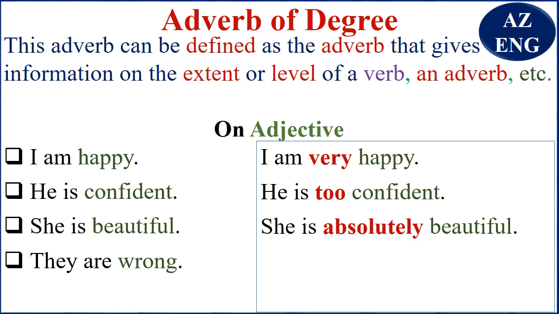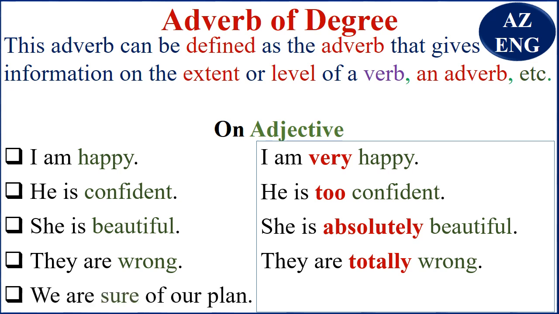Wrong is an adjective, so I'm going to use an adverb of degree that is going to modify the adjective wrong. So for example, I say, they are totally wrong. So you see, totally is an example of an adverb of degree. It modifies the adjective wrong.